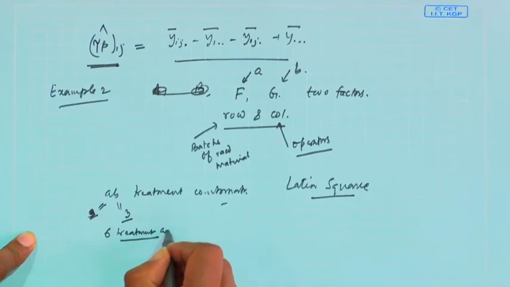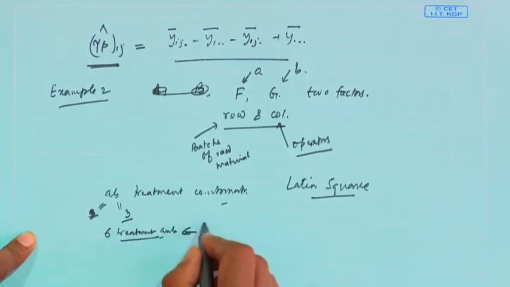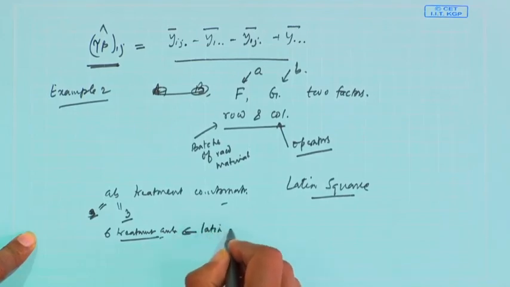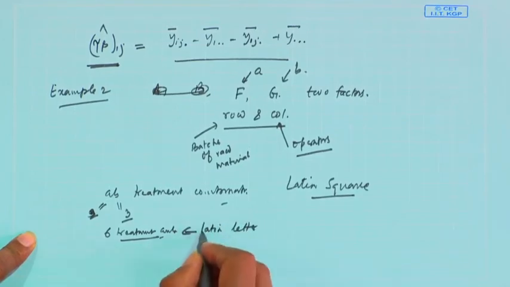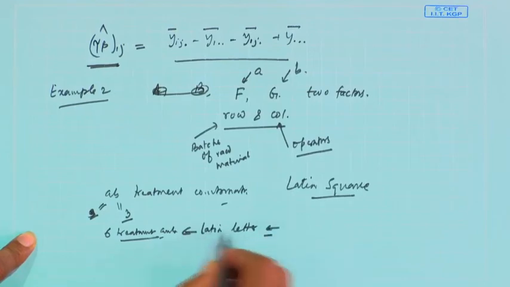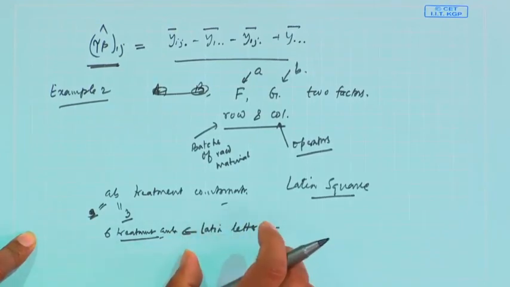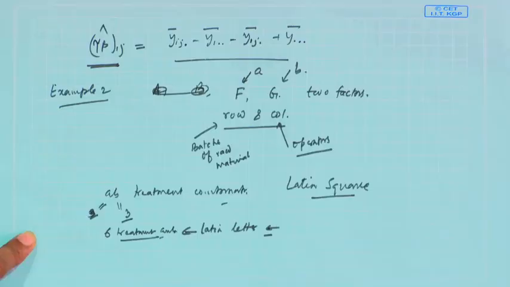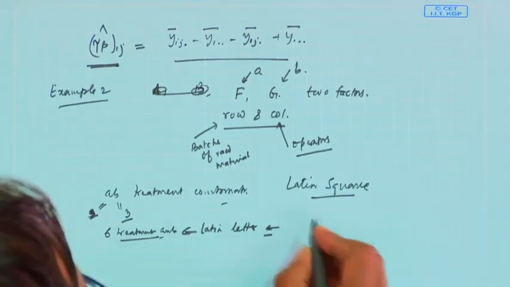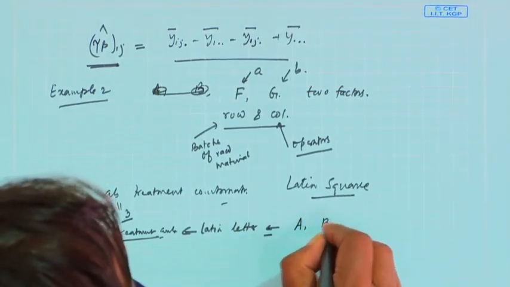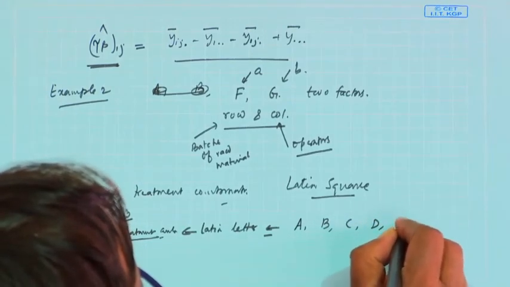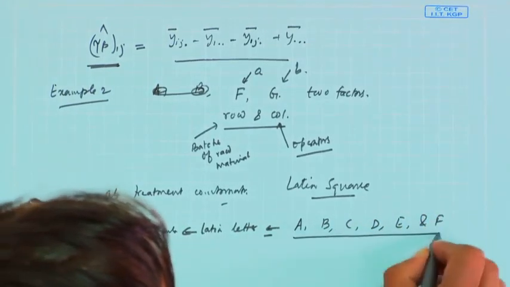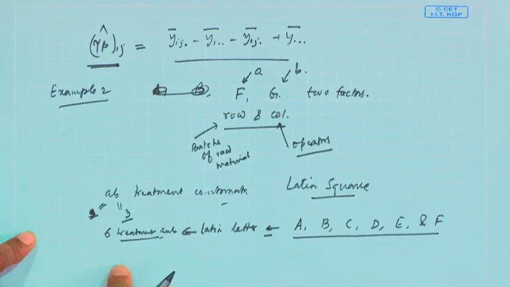So, these treatment combinations can be denoted by Latin letters, which are basically the treatments, or in other words, the process will be run for every combination. So, we can use A, B, C, D, E and F for the treatment combinations.